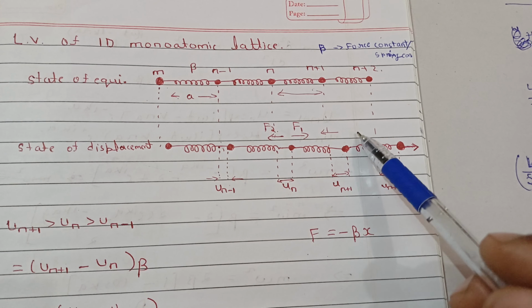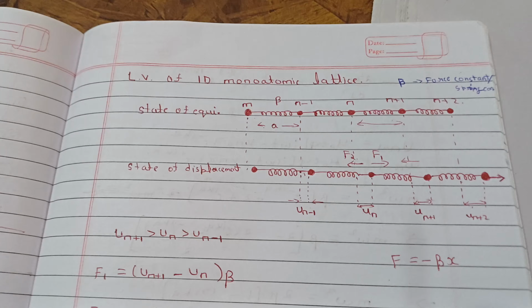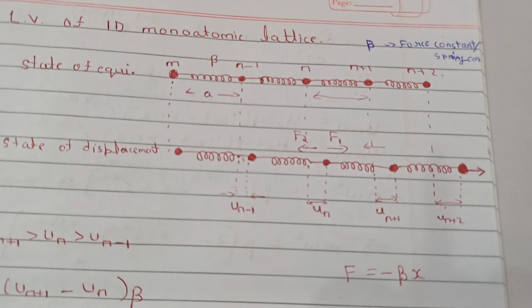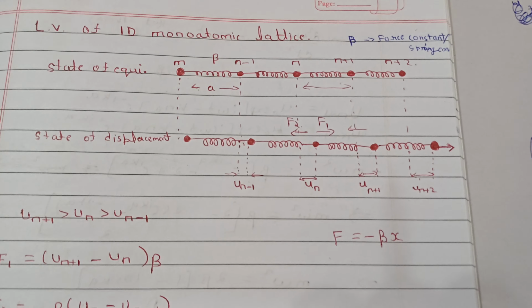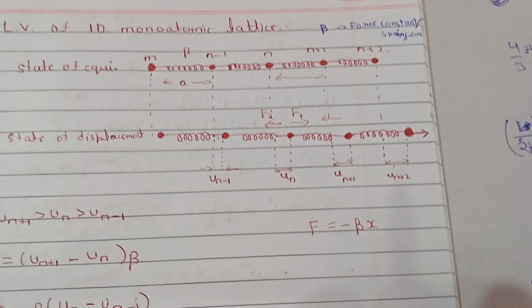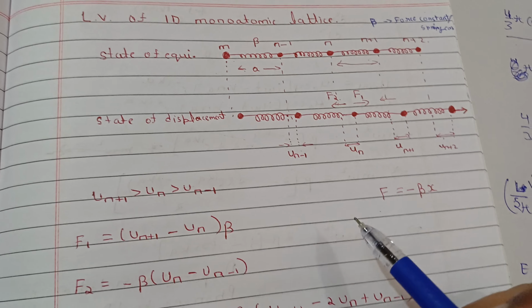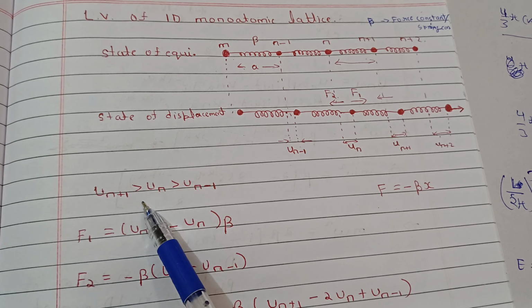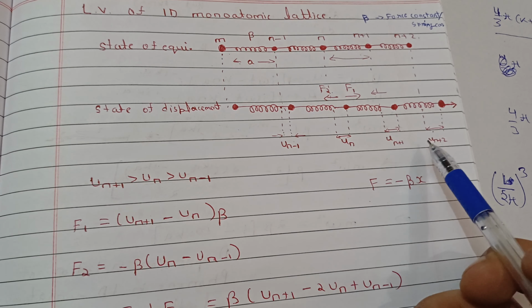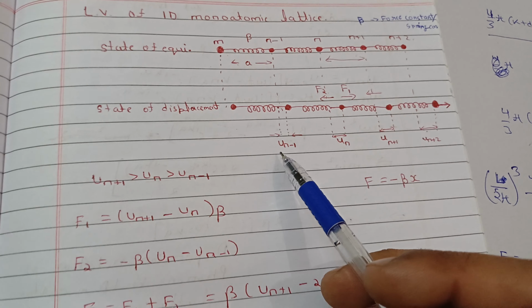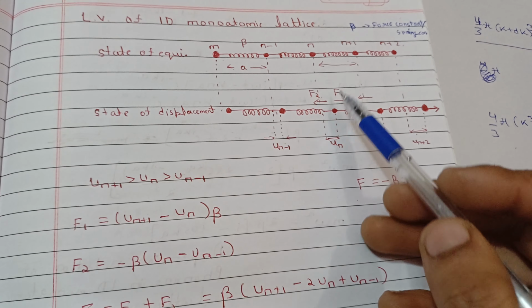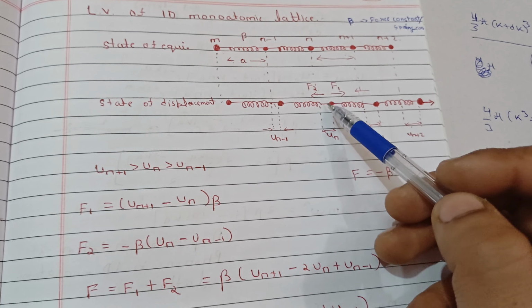Same in all cases, all want to come to their original positions. Now consider the term beta: u(n+1) is greater than u(n). Let's consider this single atom, which will be generalized.